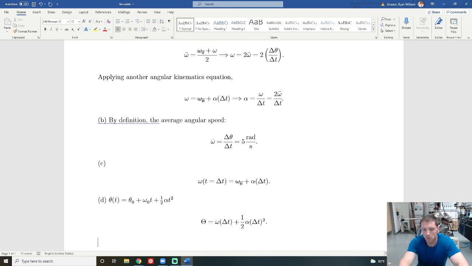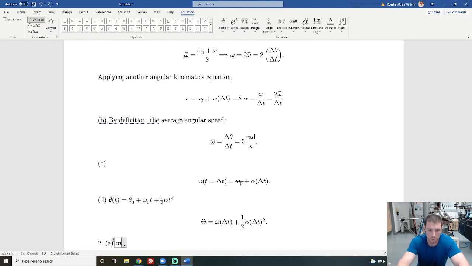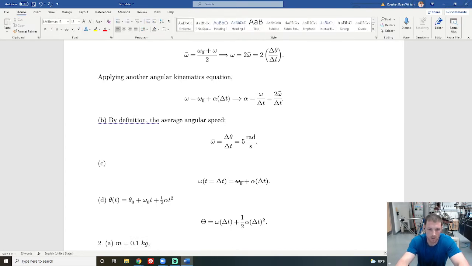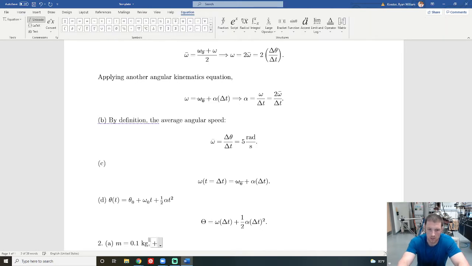So for the first one, this might look a little bit complicated, but it's actually not so bad once you recognize the symmetry that is involved here. So we just have two masses of 1/10 of a kilogram, and we have plus or minus r for the position vector of the masses.